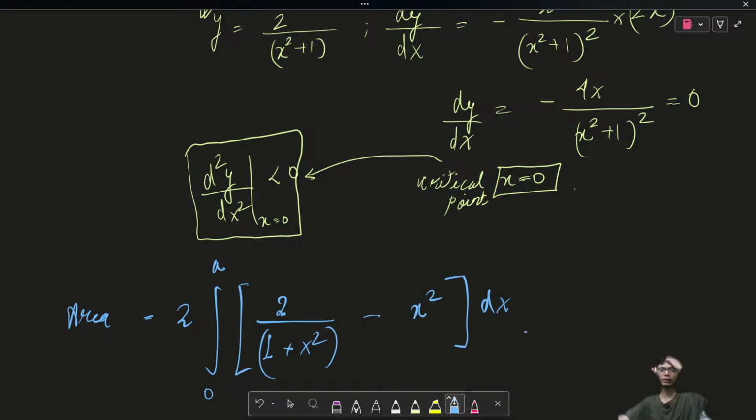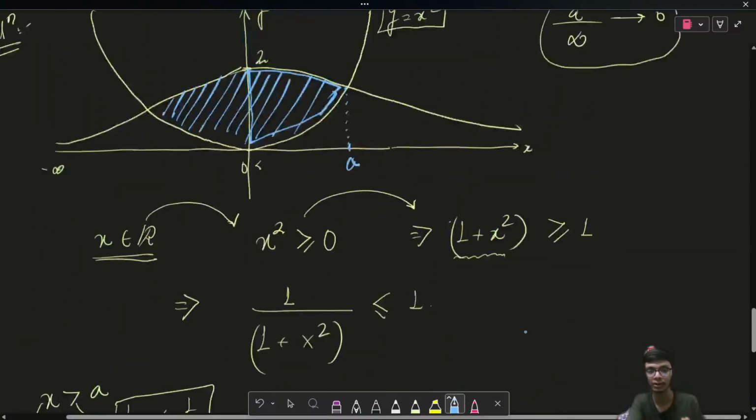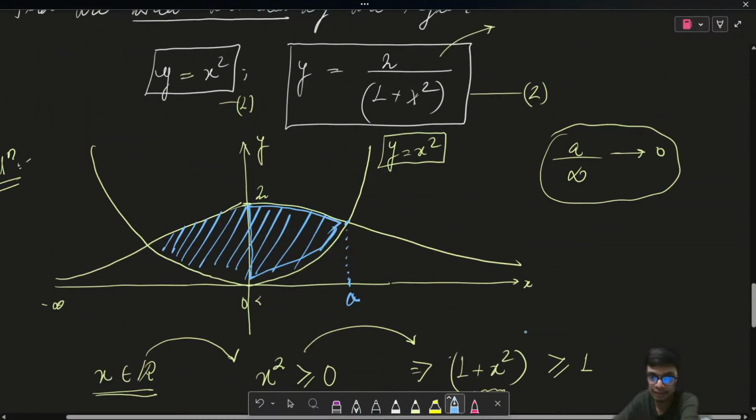I have to integrate this particular function to get the required area, right? Now let me first of all find out what A is. Why am I finding it? Because the curve is intersecting at this point, and this is the bound of my region, right?